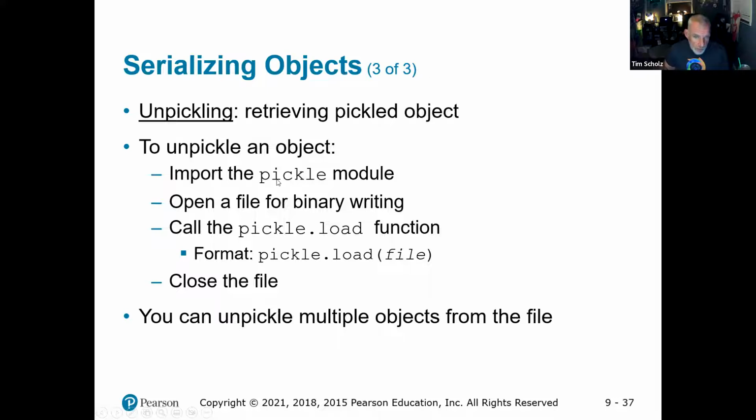So I would essentially import the pickle module, open the file for reading, because if we open for writing, it's going to clear it. We call the pickle.load function on the file, and then basically we close the file. And what that will do is give us the objects that are in the file.